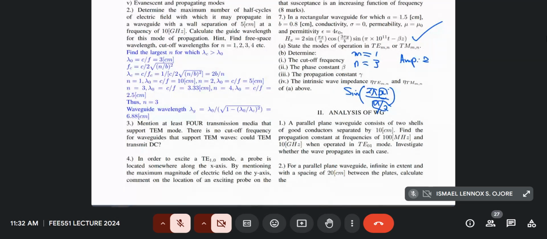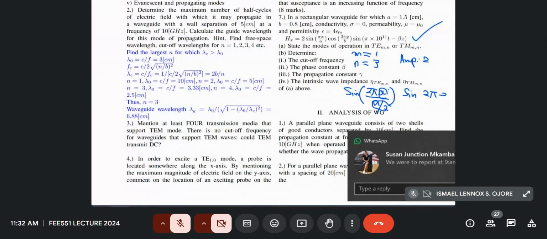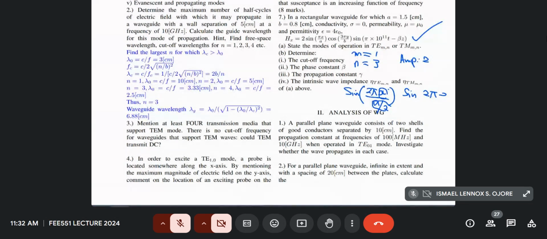But if you excite the probe at a certain point which is not x equal to a over 2, what happens? So you have sine 2 pi x over some value.